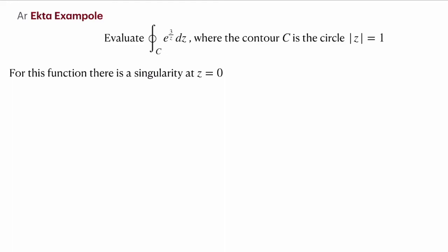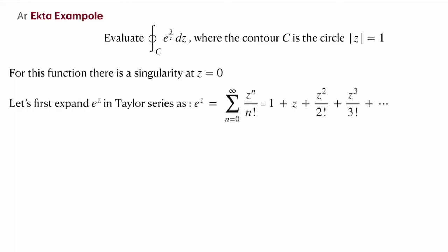So first we have to expand this in terms of a series. It seems to be rather difficult to do for the e power 1 by z. So instead we take the Taylor expansion for the function f of z equal to e power z, which can be written as the sum over n going from 0 to infinity of z to the power n by n factorial, or 1 plus z plus z square by 2 factorial plus z cube by 3 factorial and so on.